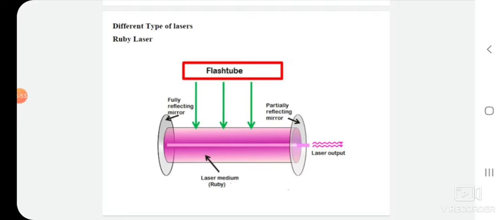The spring attached with the fully polished mirror is used to adjust the wavelength, the distance between these two plates, equal to lambda by 2 of laser light for optimum laser beam.